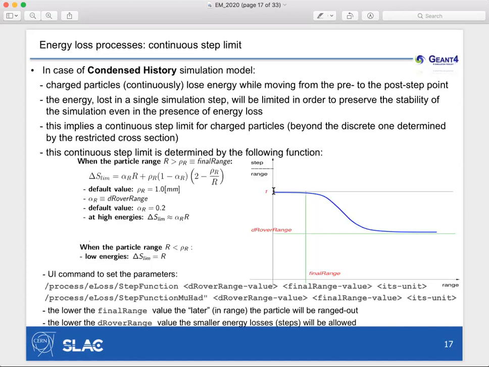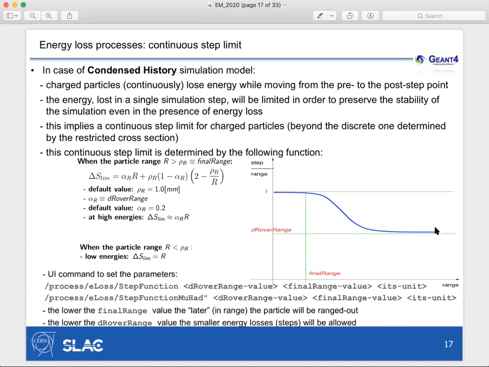You can see the maximum step length that the continuous process can give is the range. So there will always be something there that won't let the particle go further than the range. But actually, what you see, this function works in such a way that on the y scale there is the range.